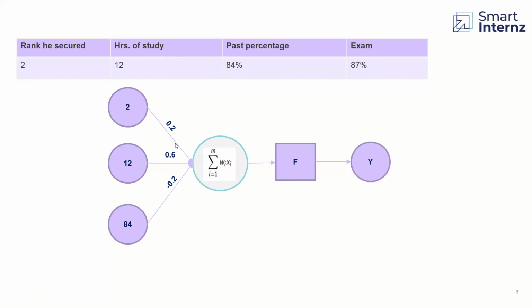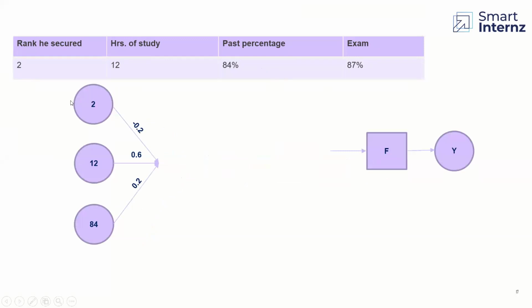In that we have random weights. Random weights are multiplied with their respective inputs, and the summation function is applied on that. That goes on to the next step where the activation function is applied, and after that we get the outcome. Here you can see the weights and their respective inputs.